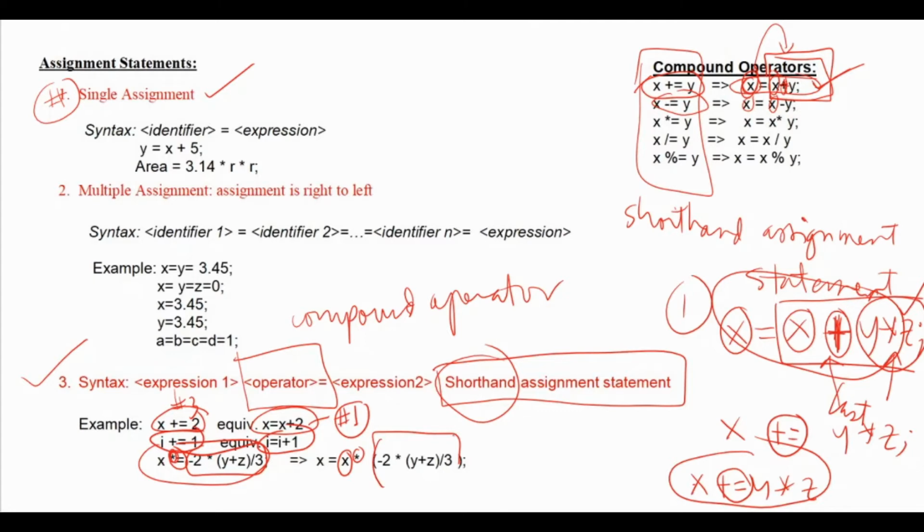Now we need to put parentheses there because if we remove the parentheses, what will happen? x times negative 2 is performed first because this is multiplication and that is multiplication, the same priority, and the one that will be executed first without the parentheses is of course the first multiplication, which is x times negative 2, which is not equivalent to the shorthand assignment statement. So there must be parentheses there because this is one expression which is multiplied by the variable x.